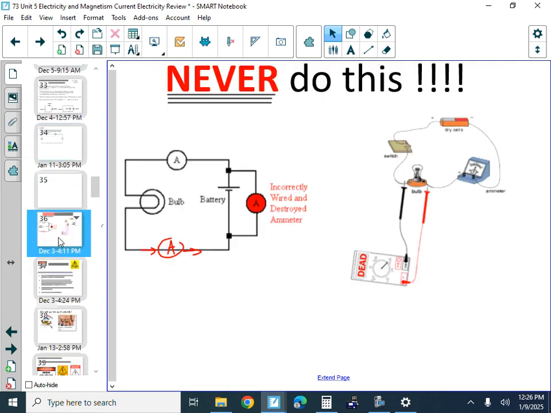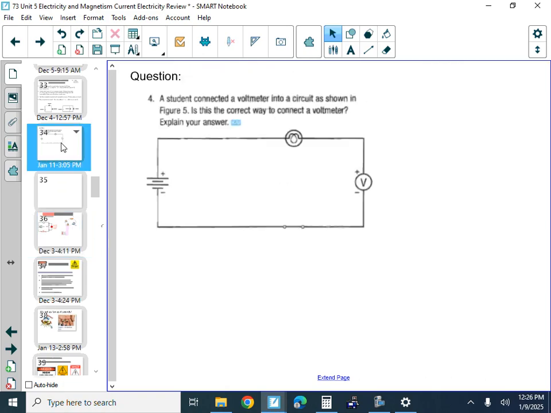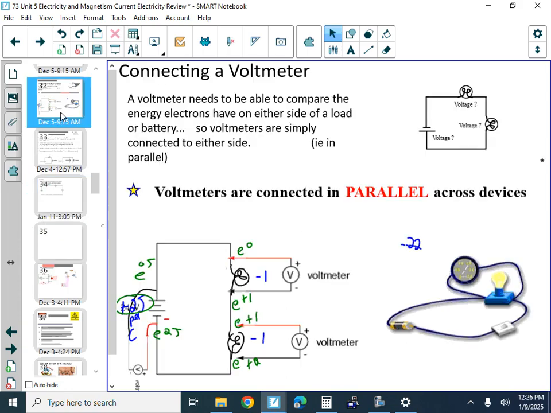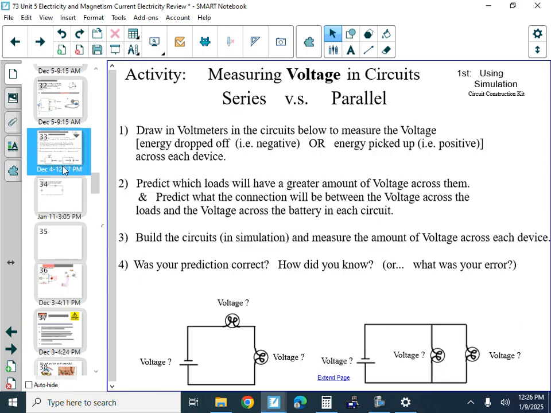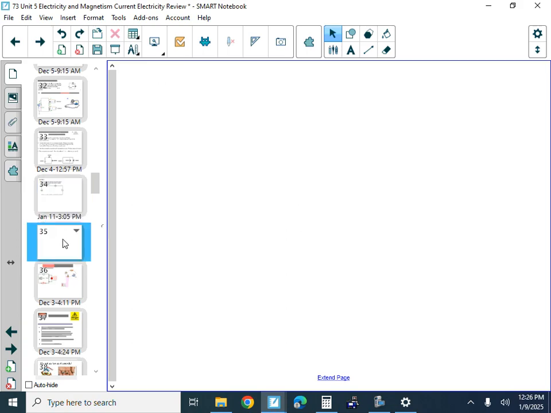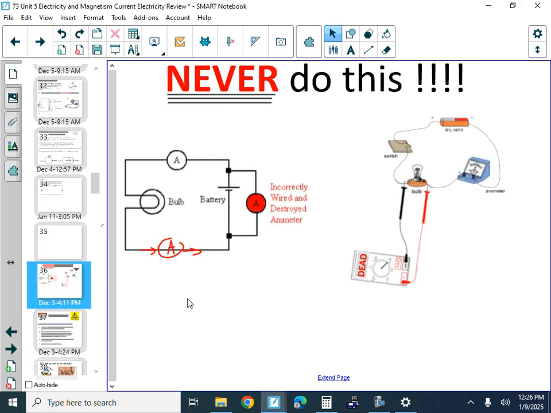In the simulation again, when you're measuring current, you have to have the meter in line with the flow. When you connect an ammeter, it has to be connected in series, and so the electrons have to go through the ammeter, and it basically counts them as they go through.